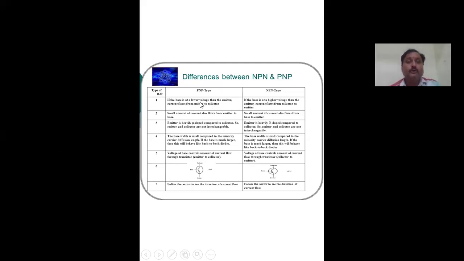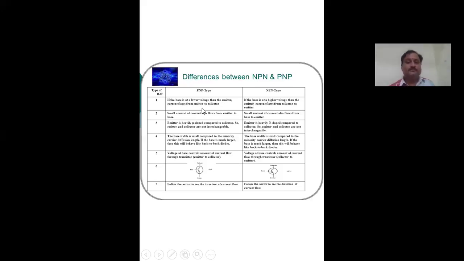In NPN, the base is at a higher voltage than the emitter. Base to emitter is low voltage in PNP, and high voltage in NPN. That is the difference.